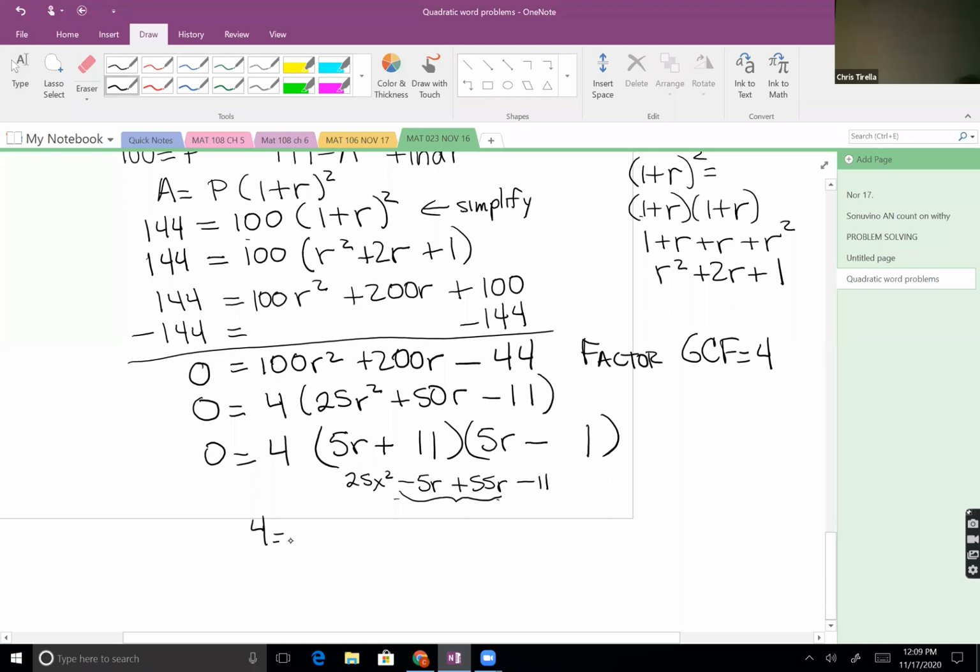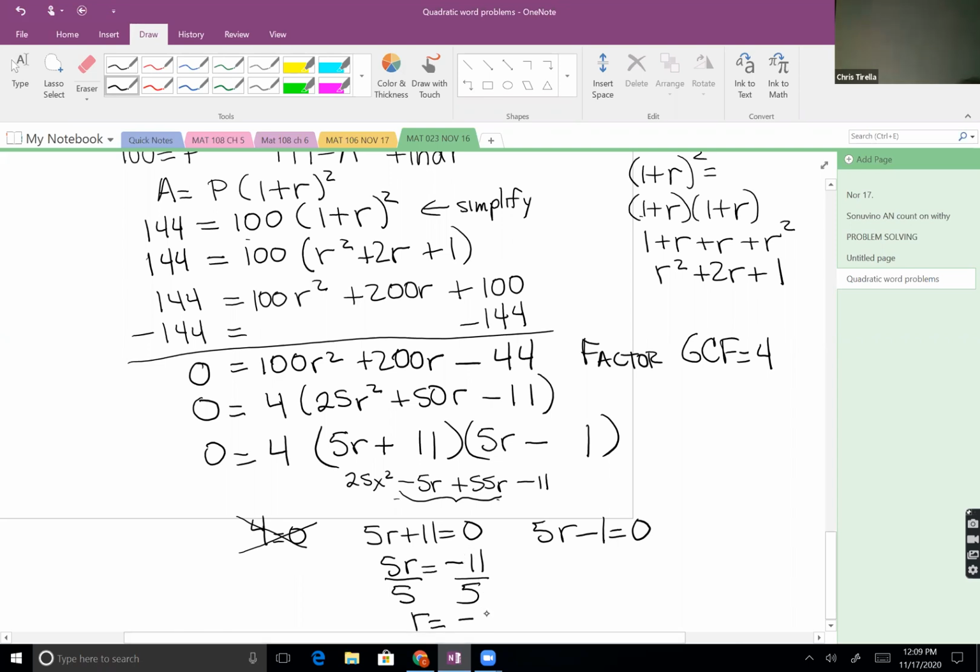When I set each factor equal to 0, 4 does not equal 0. Here, if I add 11, I get 5R equals negative 11. And when I divide by 5, I get a negative interest rate.